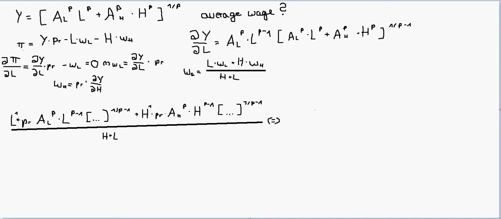If we multiply these, they have the same base, they both have an L, so we add up the exponents: rho minus 1 plus 1, so we get L to the power of rho, and the same for H, it's H to the power of rho.